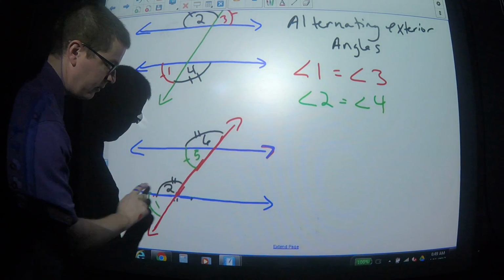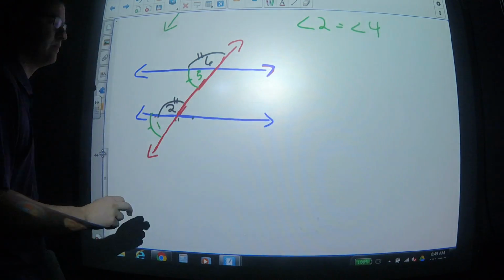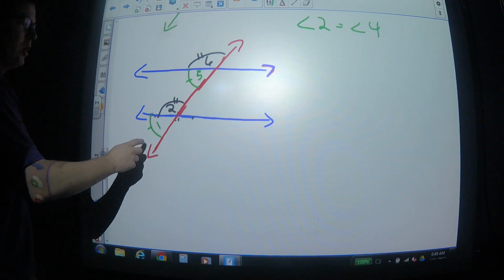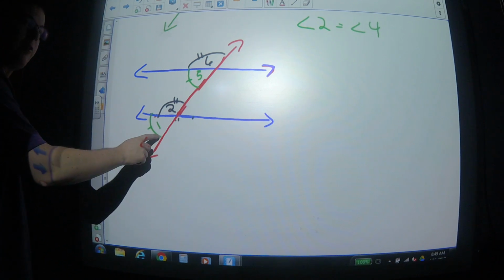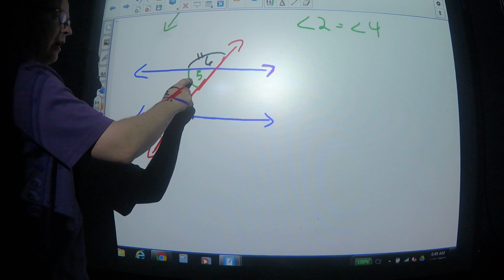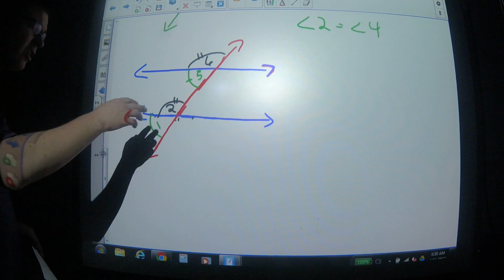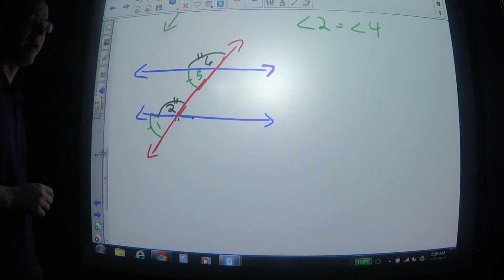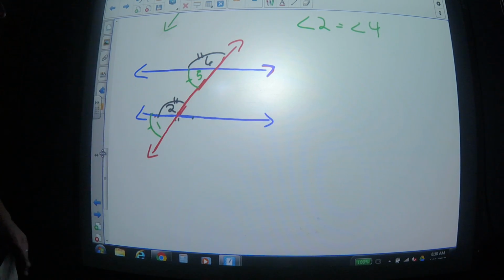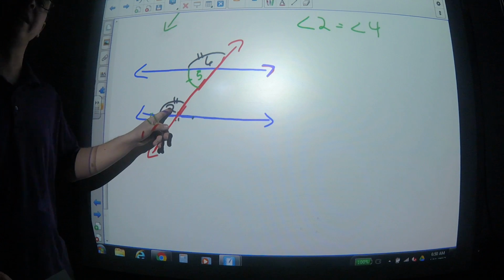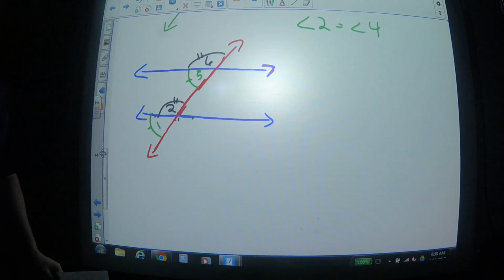So here are your two parallel lines and here's your transversal. 1 and 5 are going to be equal to each other because 1 is on the exterior of the parallel line and 5 is on the interior, on the same side of the transversal. 2 and 6 are the same thing. 2 is going to be equal to 6 because 2 is on the interior and on the same side as the exterior 6.